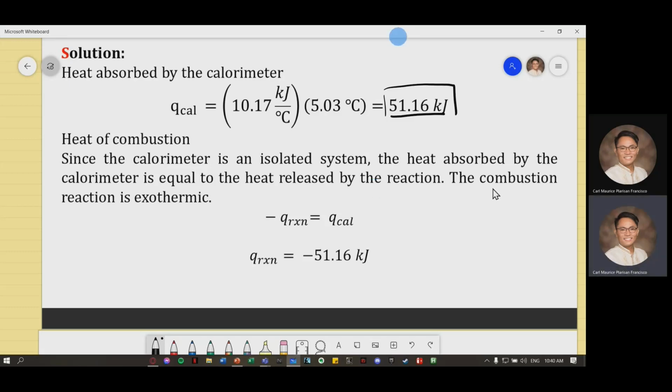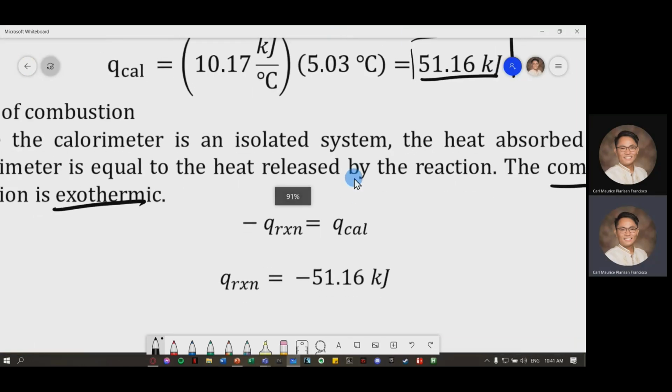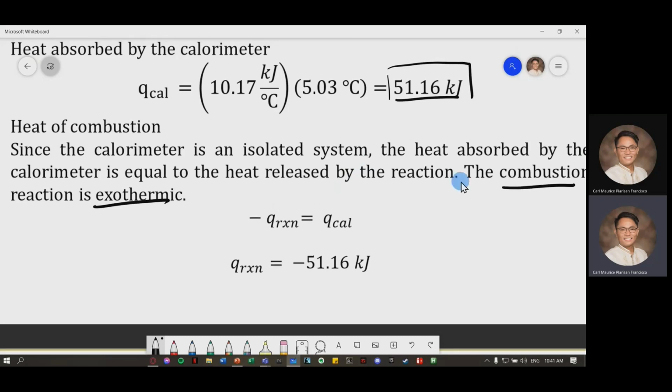And remember, combustion is exothermic. So the relationship of the heat of combustion and the calorimeter becomes: negative heat of reaction is equal to heat of calorimeter.